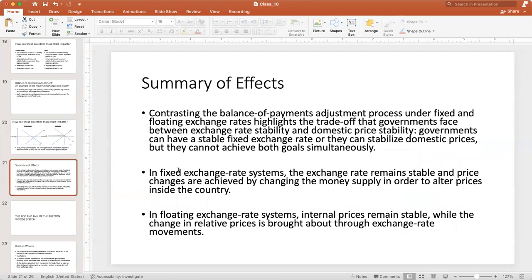So in the fixed exchange rate system, the exchange rate remains stable. However, that will alter the money supply of the country, and that will alter the stability of the domestic prices. But in the floating exchange rate system, internal prices remain stable, while the change in relative prices is brought about through exchange rate movements.